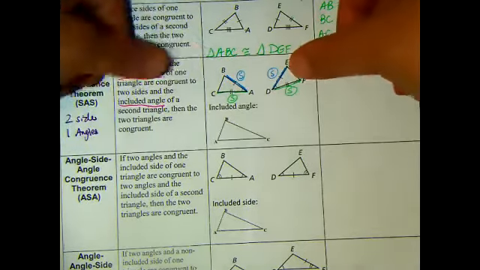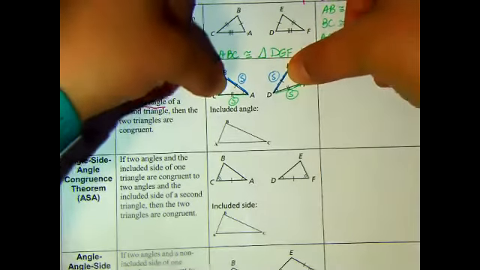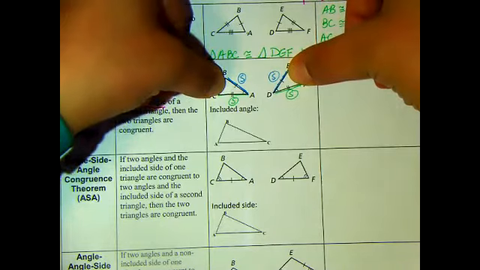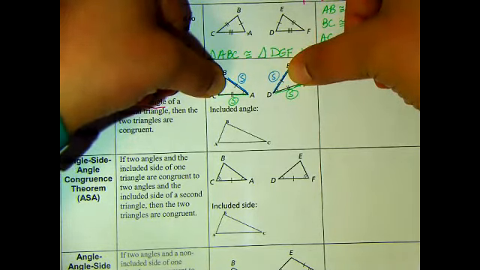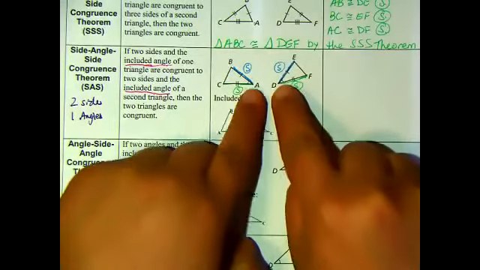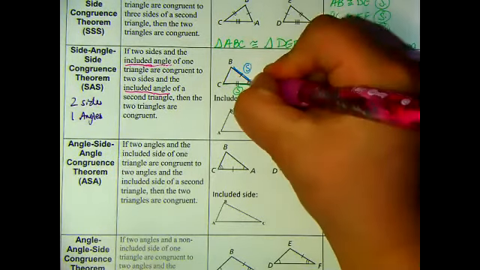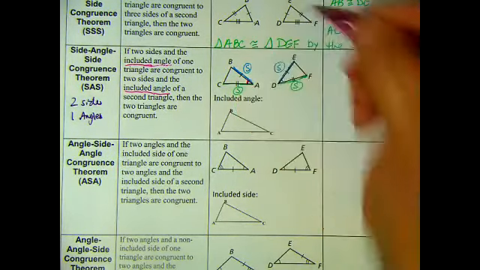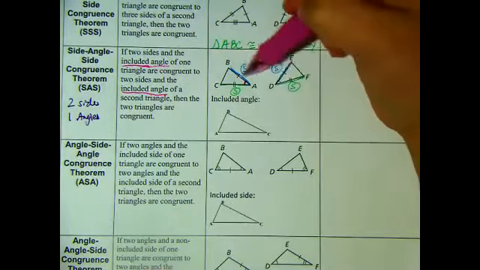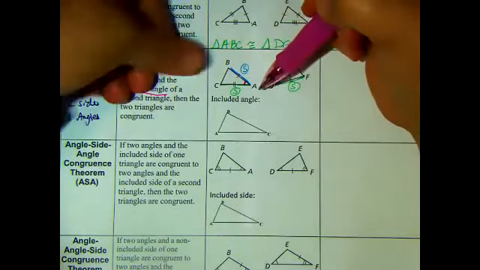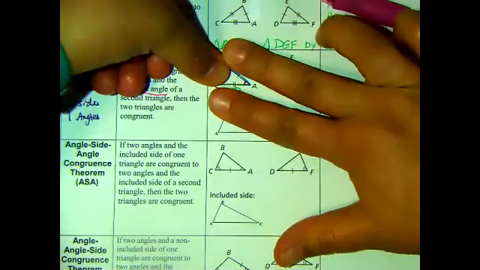So what does that mean? That means if I take these two sides and I look at them, it's pretty much the angle that these two sides are creating when they meet. So we're talking about these angles right here. This angle is my included angle for these two sides because it's the angle created by those two sides.